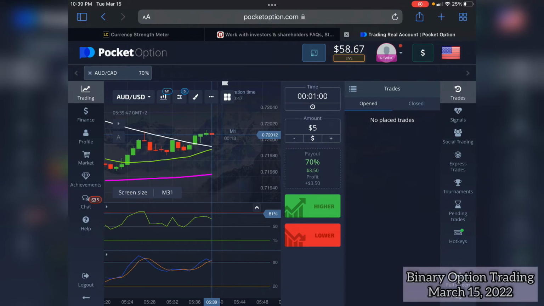Looking like this is the crossover, but don't be fooled. You definitely want to make sure the RSI is touching that red before you get in, because it has a possibility to continue to go up. Okay, so as it comes down, let's see what it does.